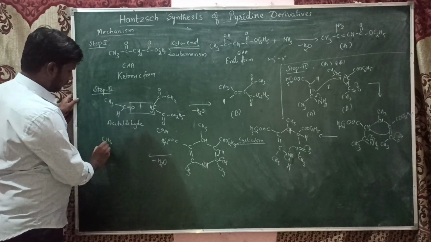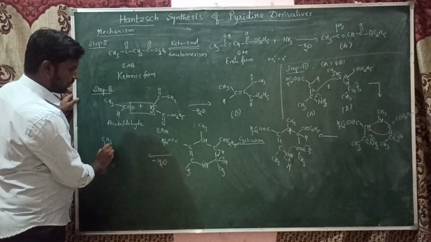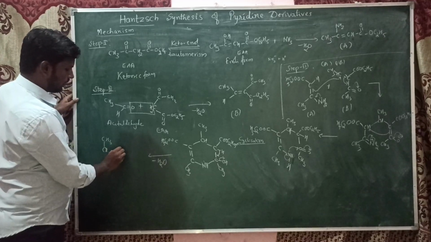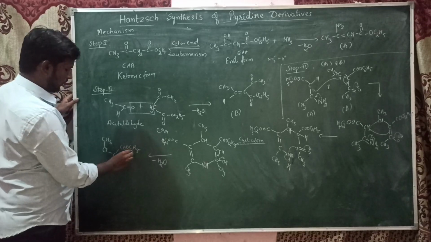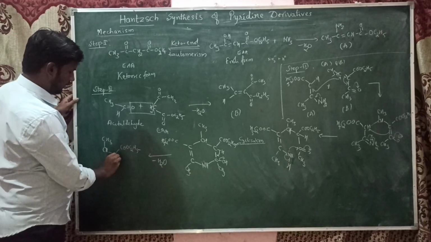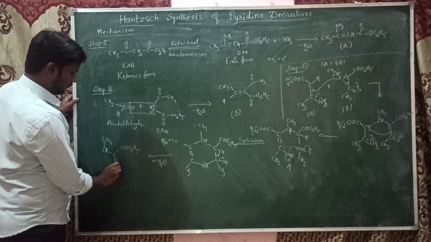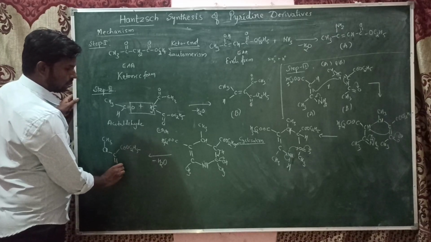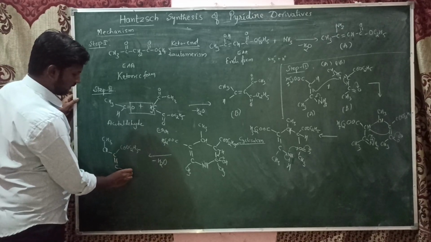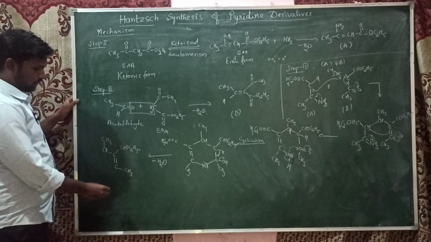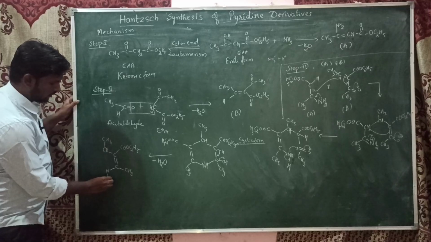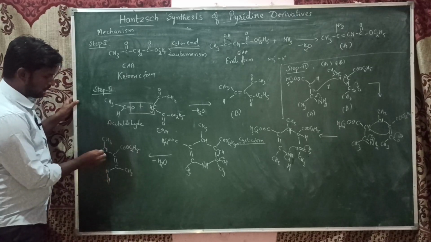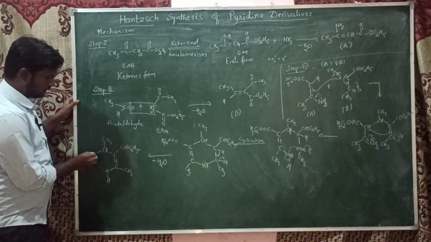CH3, CH, C, COO, C2H5. This hydrogen has been removed. So C, this becomes a double bond. Oxygen is also removed. Only CH3 is retained. So it is a single bond. NH. Okay, from here, carbon.